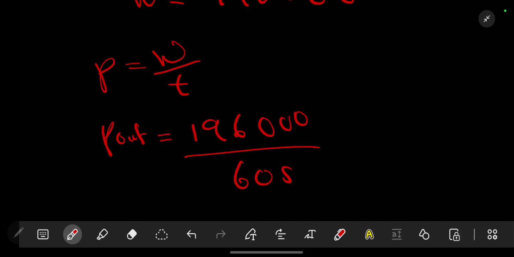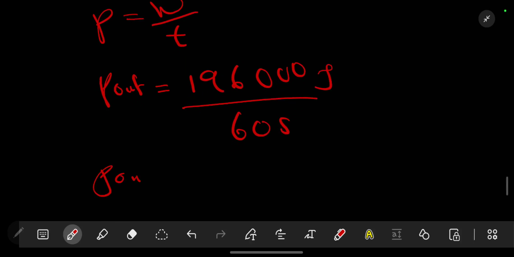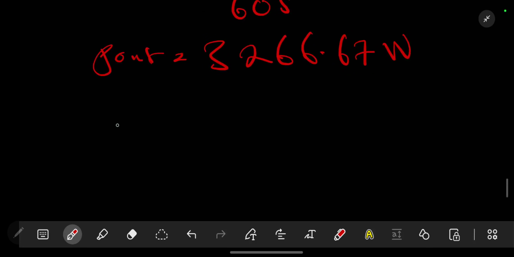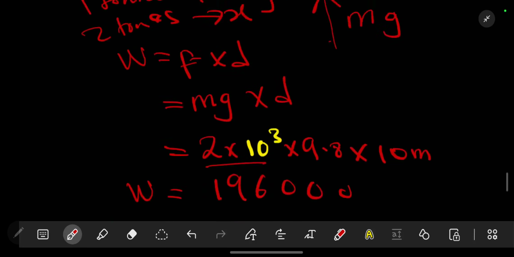If it is another time, then you have to convert. So we have the joules there. So the power output should be equal to how much did it accomplish? 196,000 divided by 60. This gives us 3266.67 watts.